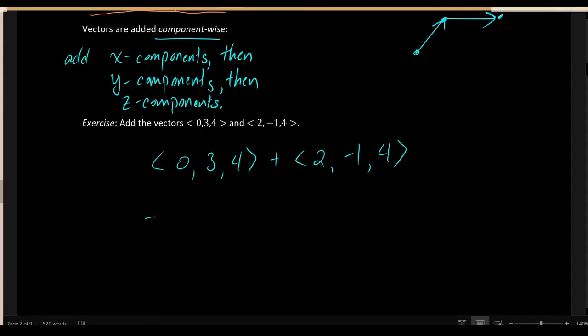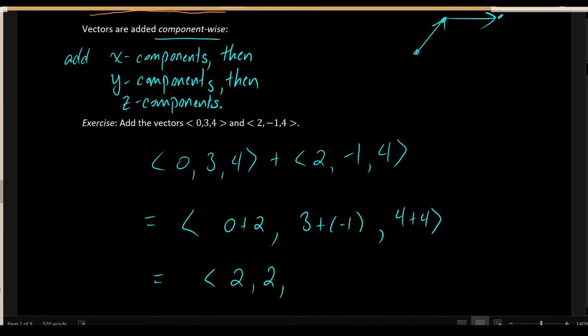So our two x components are 0 and 2. Our two y components are 3 and -1. Our two z components are 4 and 4. And therefore the sum of these vectors is 2 in the first component, 2 in the y component, and 8 in the z component.